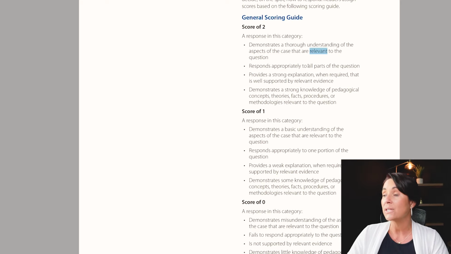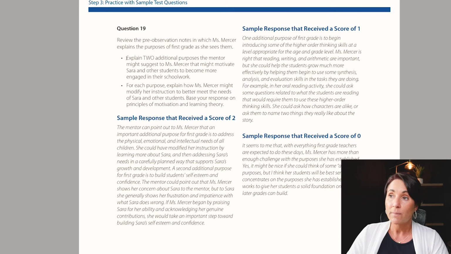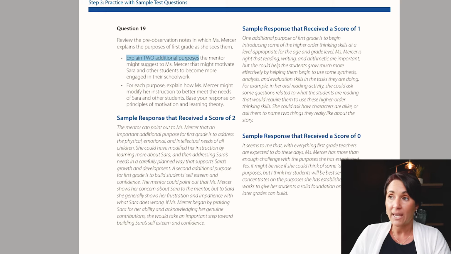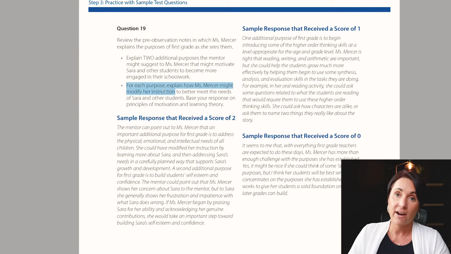Responds appropriately to all parts of the question. When we look at the question, remember, this is question 19. There are 2 bullets here. You have to answer both in order to get a 2. So let me give you an example. You might explain 2 additional things the mentor can do here, but then you forget to say how these will help instruction or how these will help Sarah as a learner.